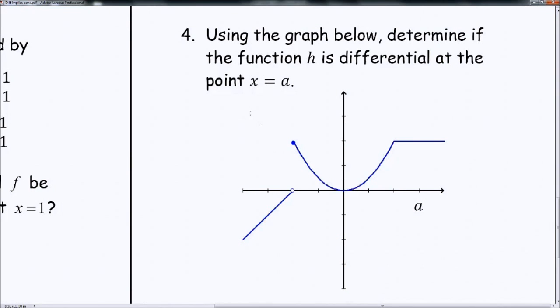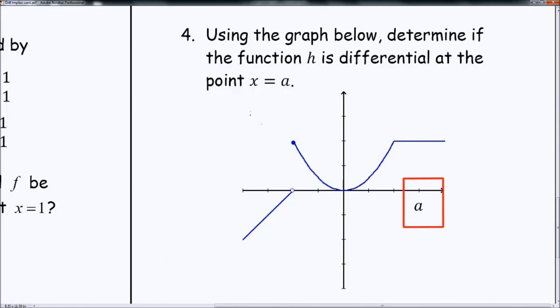Finally, number 4, using the graph below, determine if the function h is differentiable at the point x equals a. So let's look in. And we're talking about a. Here's my a. And we want to check the slopes. So you can see it's continuous. There are no holes or breaks right here.